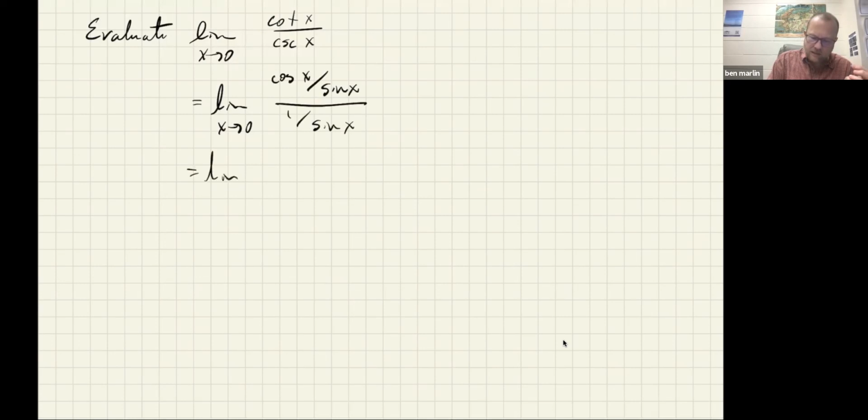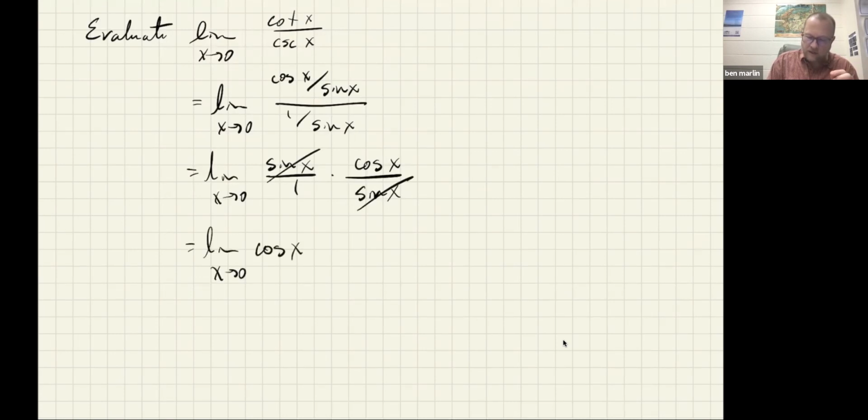That means that you can rewrite this as sine times cosine over sine. That's just algebra. The cosines cancel, and now we have the limit as x goes to 0 of cosine x, and that's just 1.